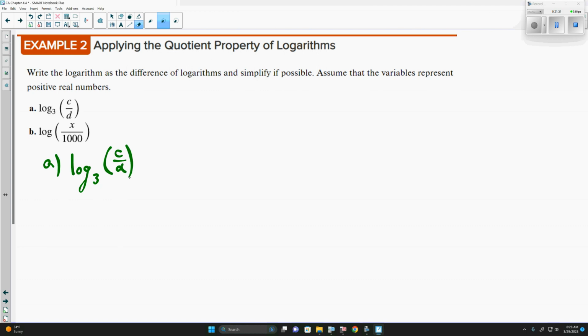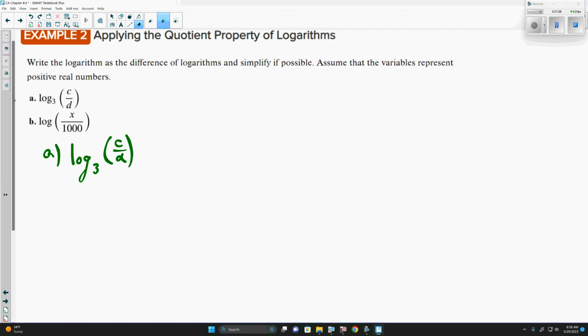Now looking at both of these here, log base 3 of c over d, nothing's going to simplify to a number, mainly because we don't have a number inside the parentheses. However, if we look at b, we do have 1,000, and it's just the common log. The common log's base is 10, so there's a good chance the log of 1,000 will simplify.